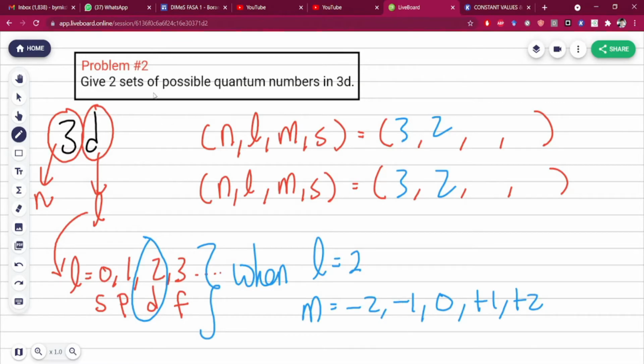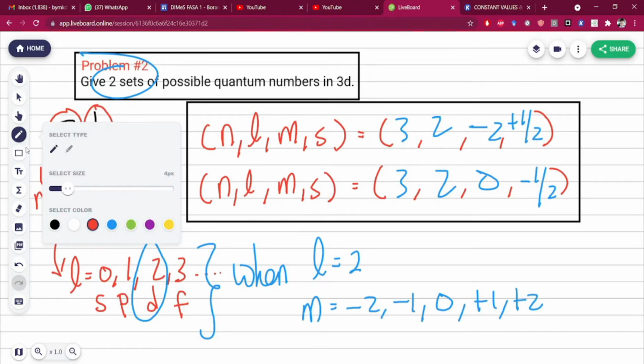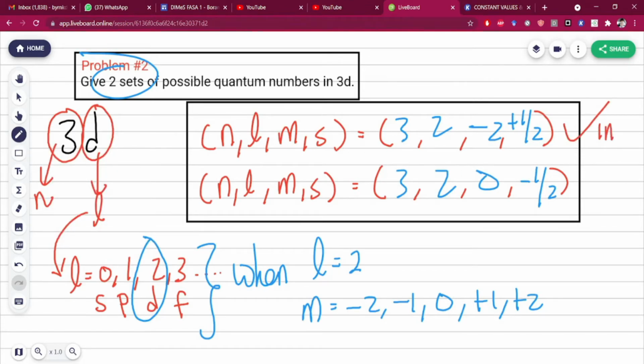That should be okay, because the question wants only two sets of possible quantum numbers in 3D. So maybe I put -2 here, and 0 there. For the spin, I can pick +½ and over here I can put -½. That should be fine as well. By writing that, you should get 2 marks. Those are the two sets of possible quantum numbers for 3D, 1 mark and 1 mark.